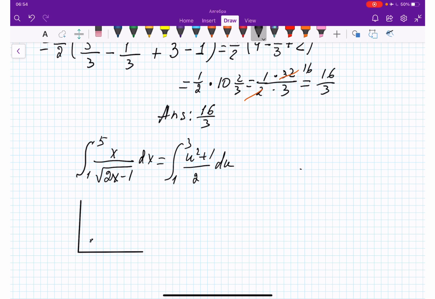If this point is 1 and 1, and this is too much, the slope has to be less.